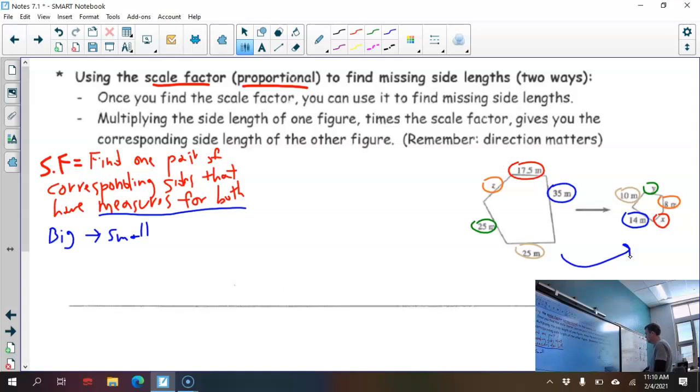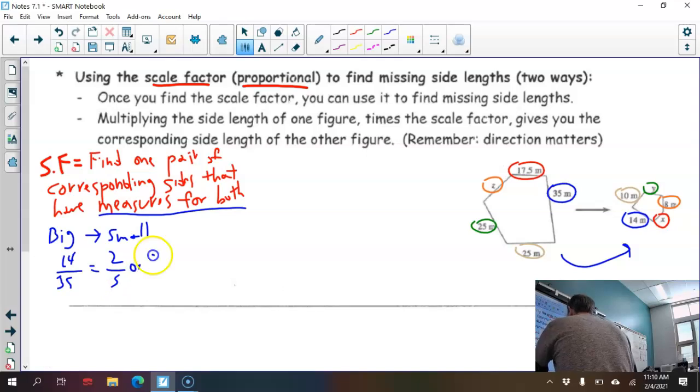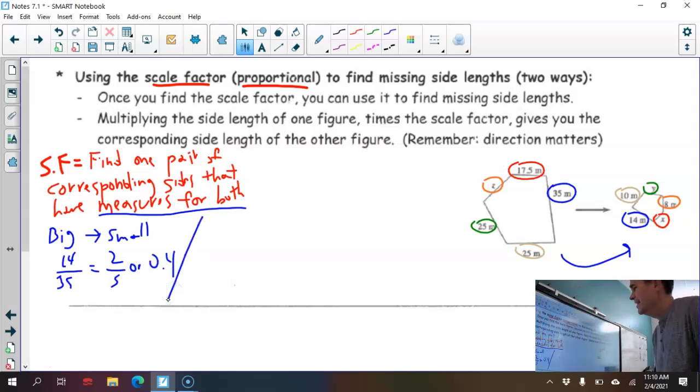Nah, I guess the blue is fine. Going big to small, it would be 14 over 35, which I could reduce to 2/5, or I could make it a decimal, 0.4. My scale factor is 0.4.